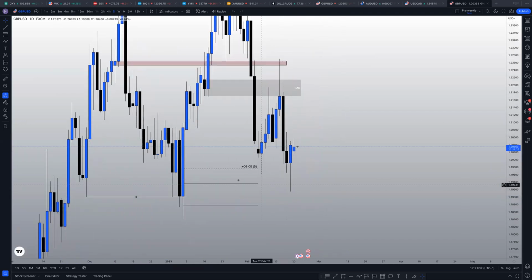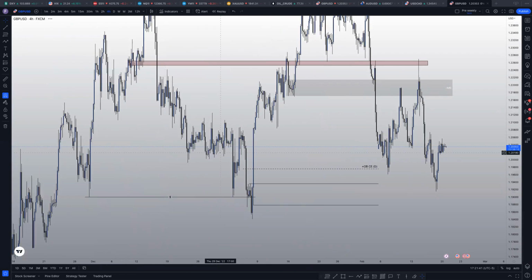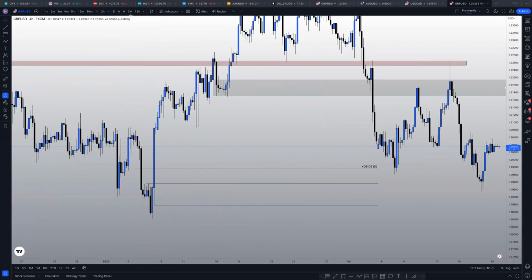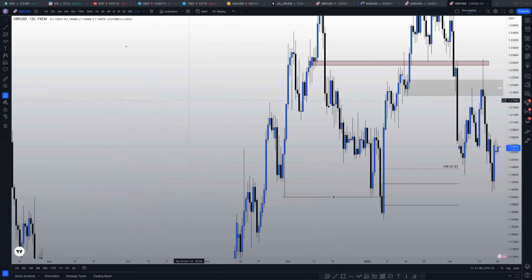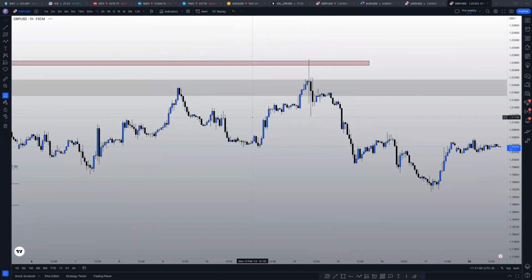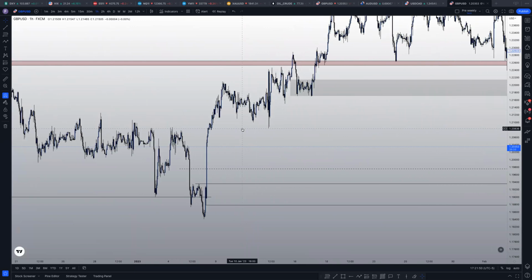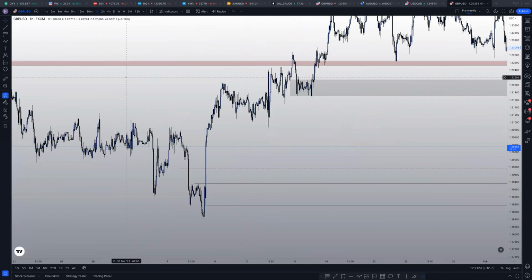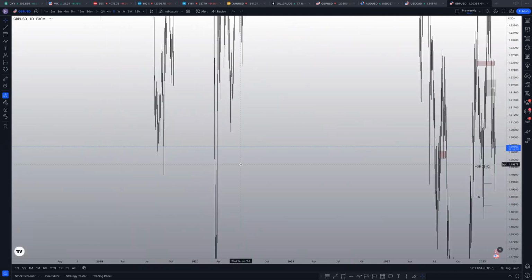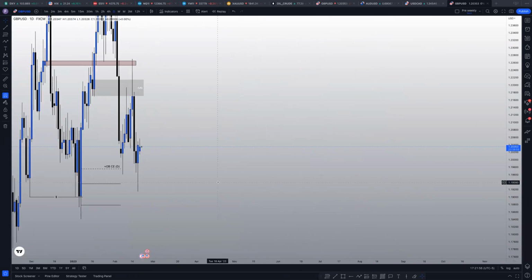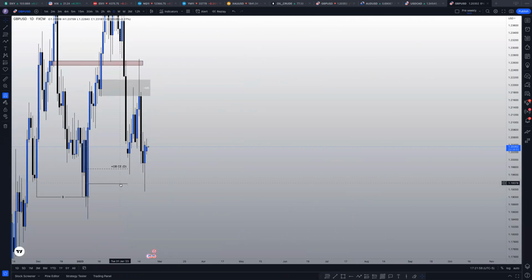So daily picture is pretty clear. What are these two levels here? I'm not sure what those levels are. Should have labeled them. It's a mistake. Anyway, delete these.